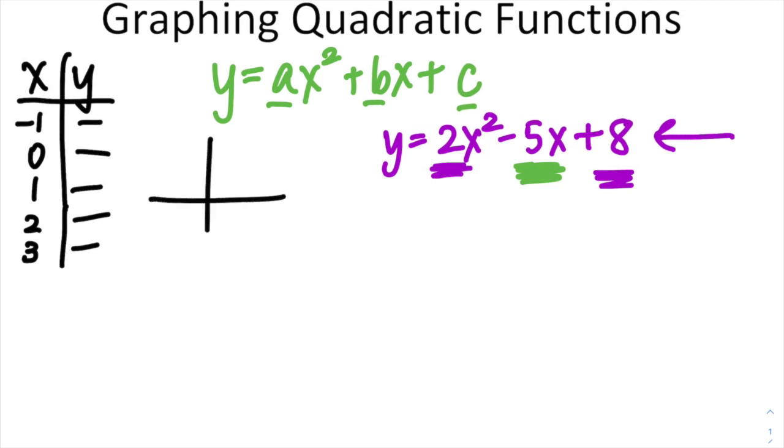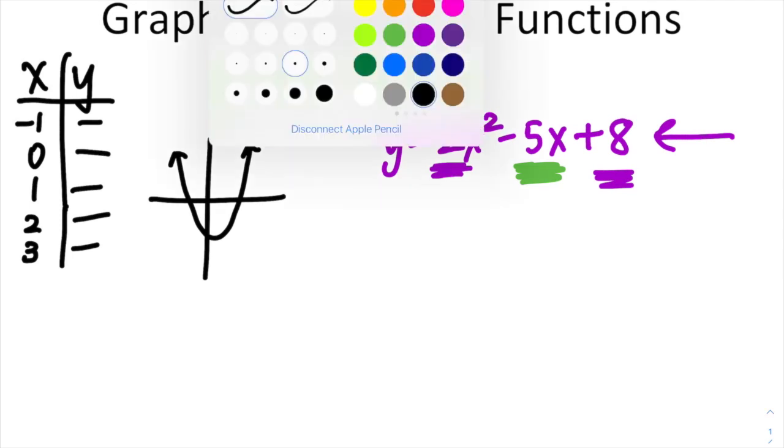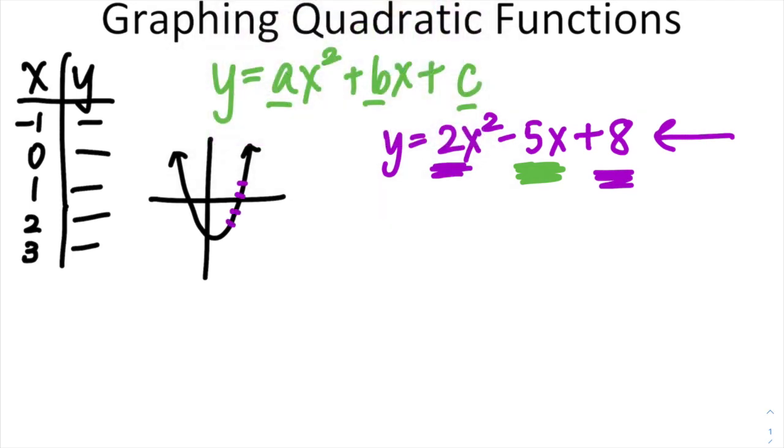Because remember, a quadratic looks like a U. What happens if your table of values only gives you points on one side? Then you have to make your table even longer to get points on the other side. So I'm going to teach you to find points on both sides as a guarantee without having to do a ton of work.